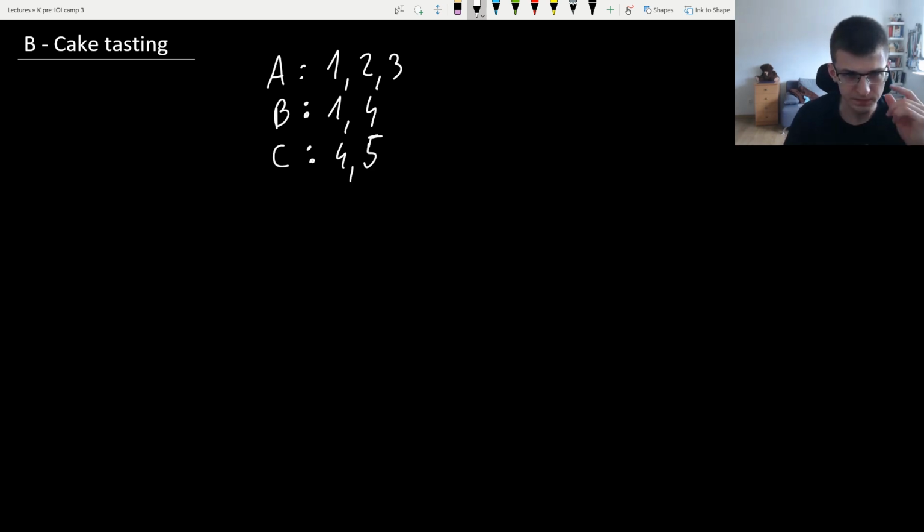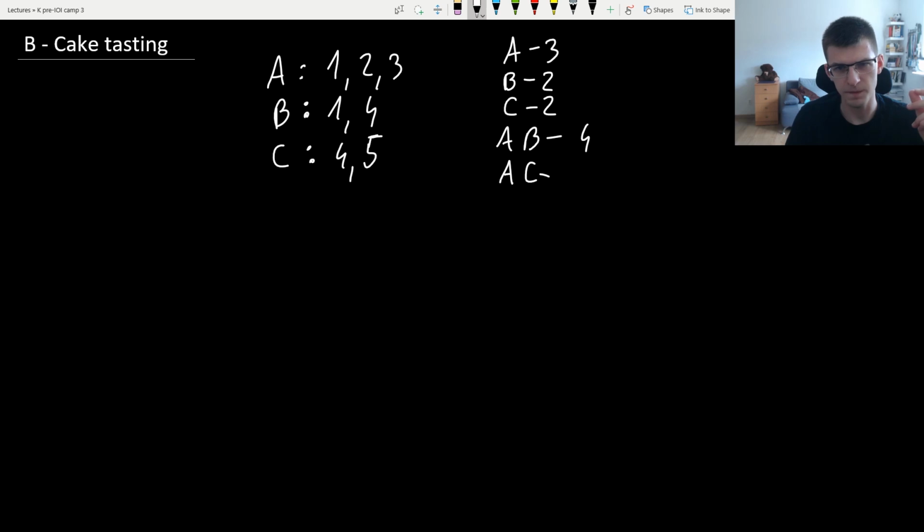Then the numbers we would get are: in shop A 3 different types, in shop B 2 different types, C 2 different types. A, B: 1, 2, 3 and 4, there are 4 different types. AC we have 5, BC we have 3, and ABC is 5.